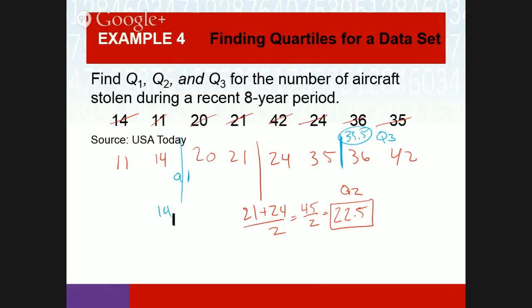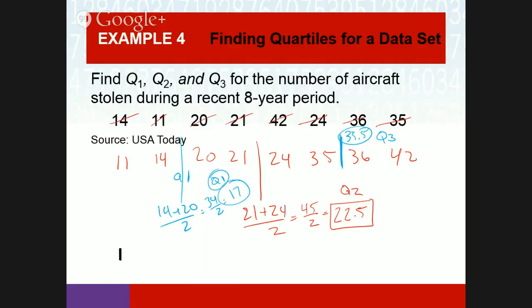So 14 plus 20 over 2, which would be 34 over 2, which would be 17. So Q1 is 17. That's the lower half. 22.5 is Q2, and the upper half median is 35.5.